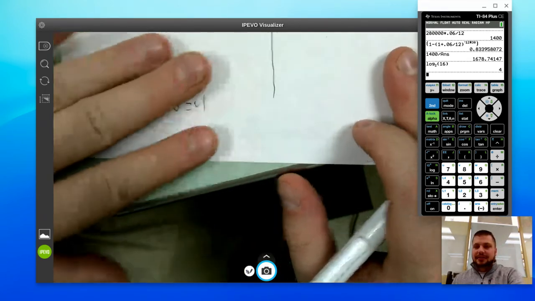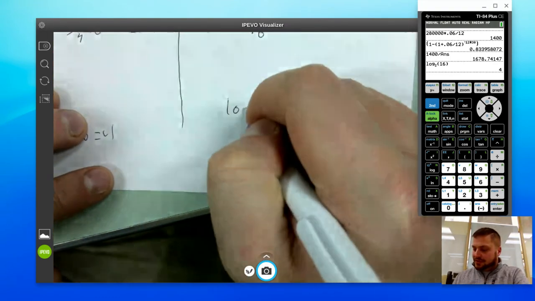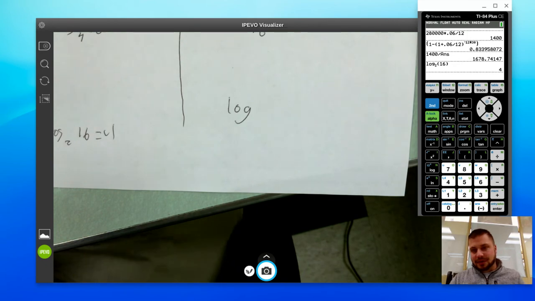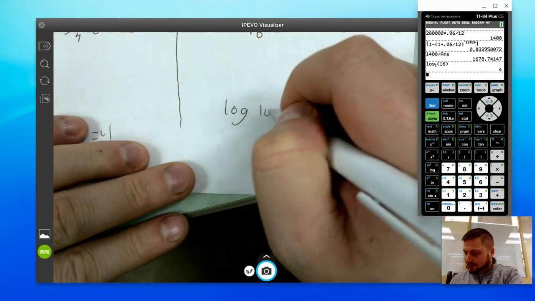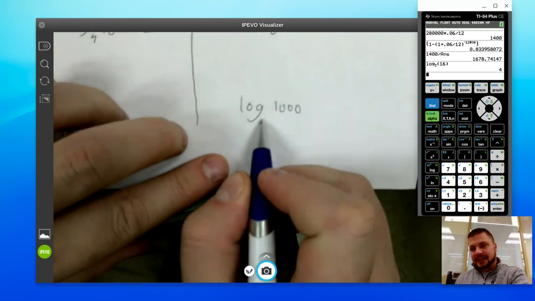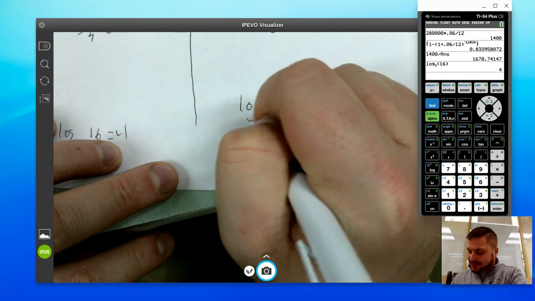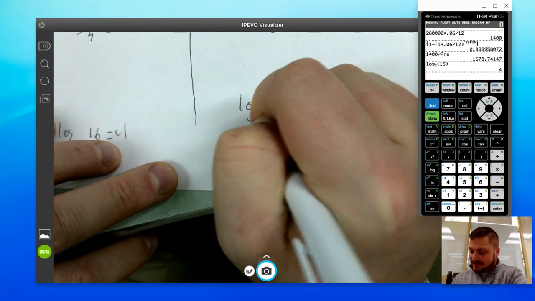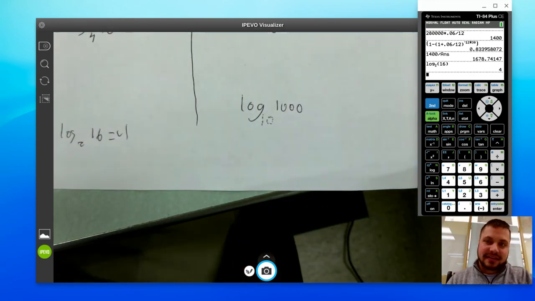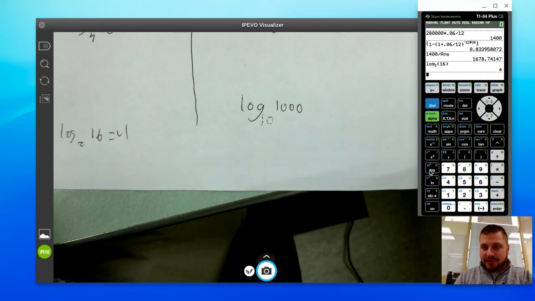Okay. One other thing that you should know about logs is what's called the common log. If I just say log of 1,000, and they do not list a base, then the base is imaginary 10. Now, that common log, or log base 10, is this button right here on your calculator.